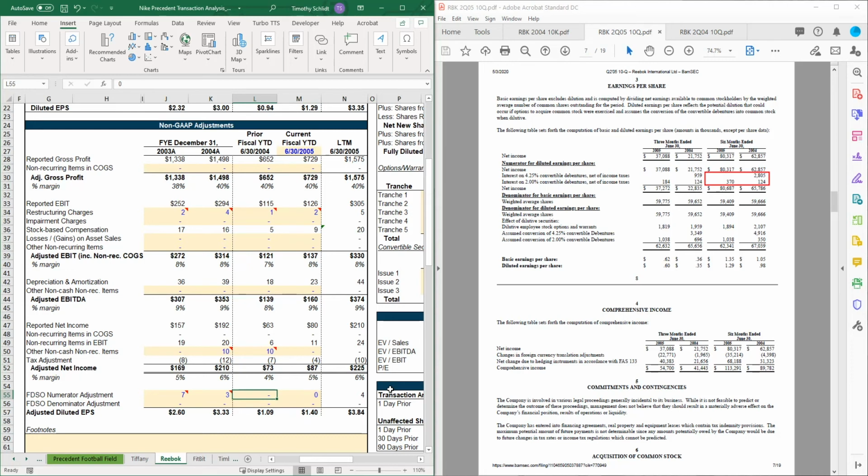And in 2004, the amount would have been 2.805 plus 0.124. And we can make a note here. This was from PDF page 7 of Q05 10Q. All right, so there we have it. We have all of our non-GAAP adjustments in place. We can now turn to spreading our projected financials.